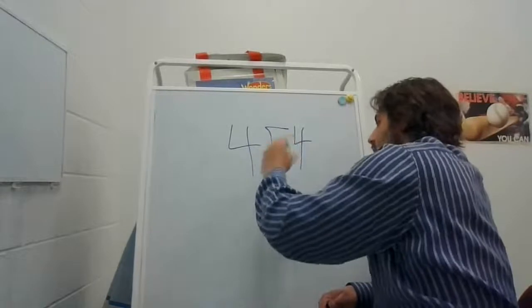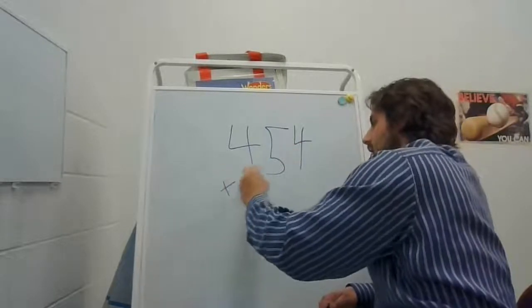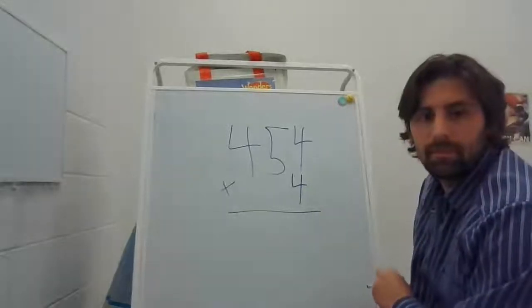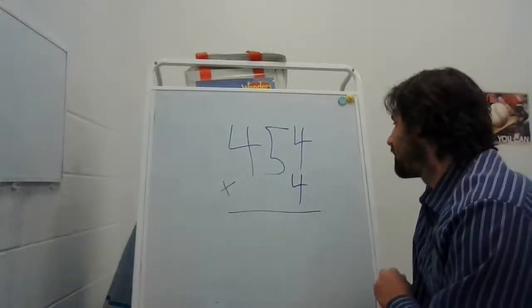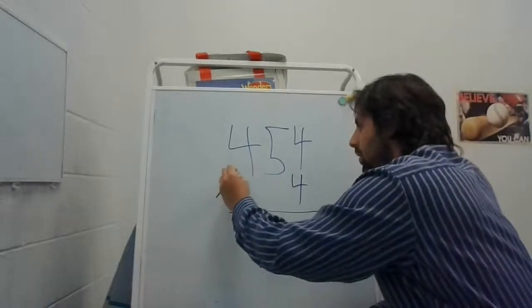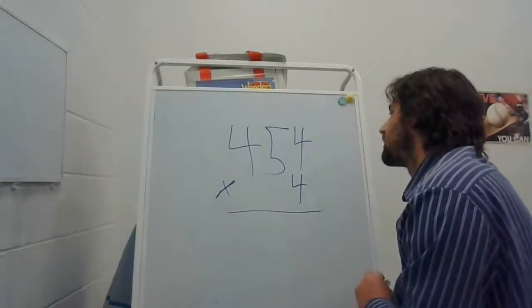All right, 454 times 4. All right, here we go. So we're going to multiply each digit by 4, and we always start with the digit in the ones place.